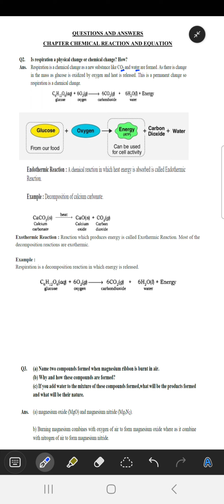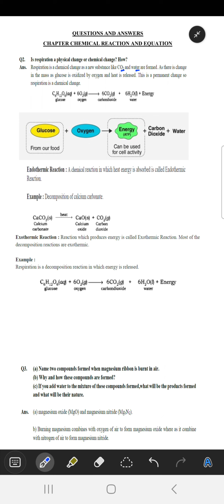As you can see in the figure, when glucose reacts with oxygen, we get energy, carbon dioxide and water. The chemical reaction is: glucose reacts with oxygen to give carbon dioxide, water and energy is released. So it is a chemical change.